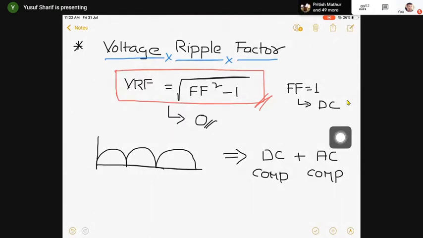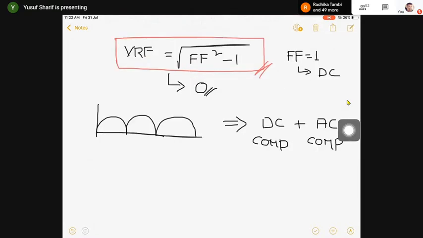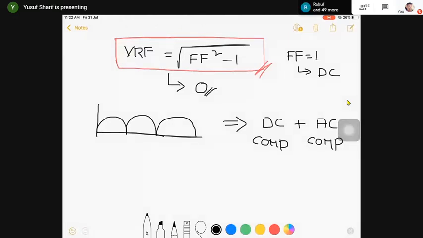The reason we study Fourier series is for harmonic analysis. Every topic we study in mathematics has some application in electrical engineering. It is not that you are studying anything randomly. Fourier has its application in harmonic analysis.